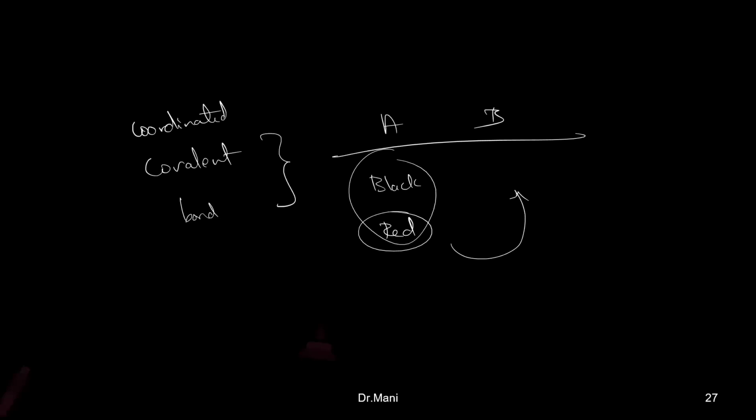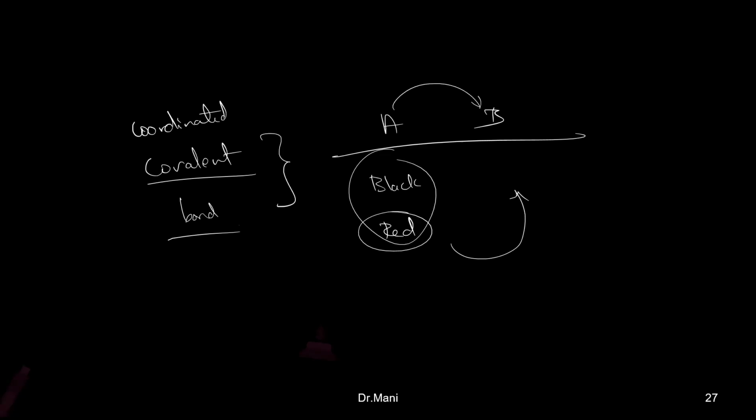Understood? So in covalent bond, both are involved in giving the electrons. But here, only one is contributing, but both are utilizing. So A is a good friend to B. A will share its electrons with B, but B doesn't share any electrons, but it will utilize both electrons.